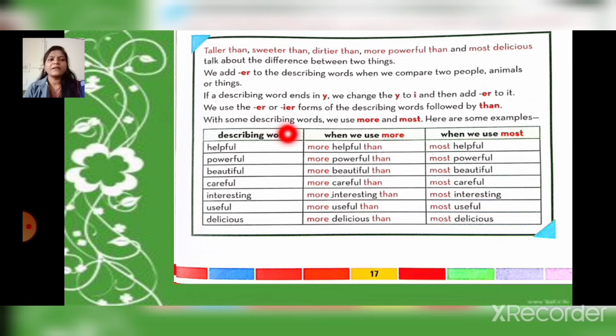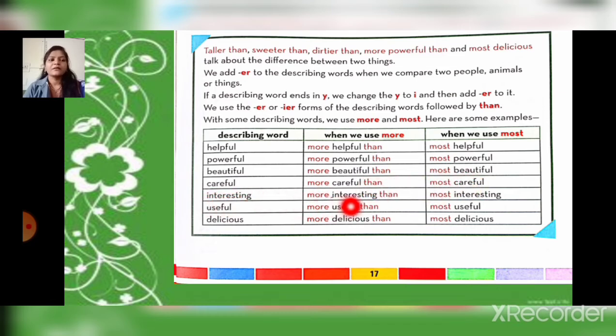With some describing words we use more and most. Here are some examples. Helpful, more helpful than, most helpful. Powerful, more powerful than, most powerful. Beautiful, more beautiful than, most beautiful. Careful, more careful than, most careful.